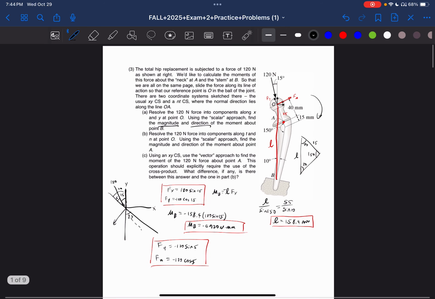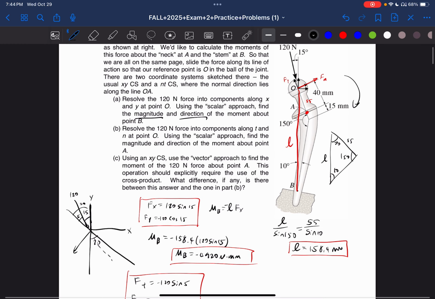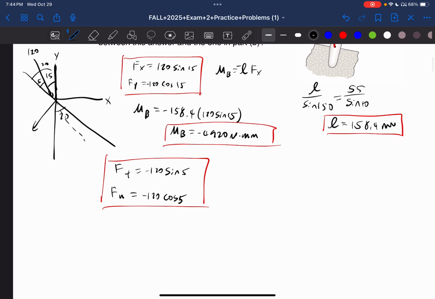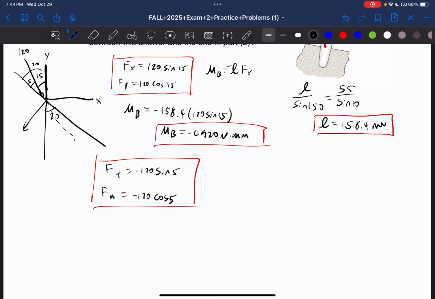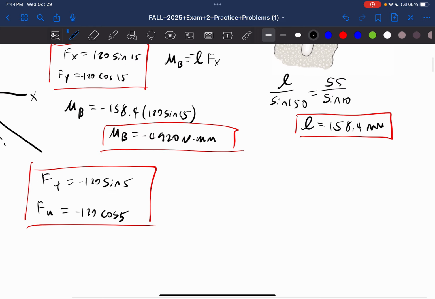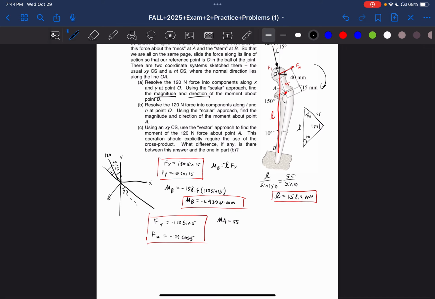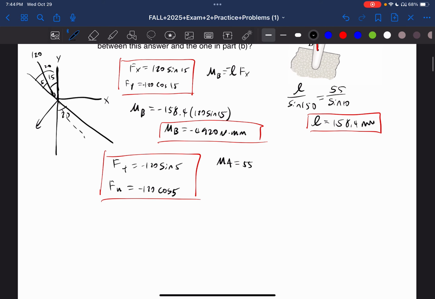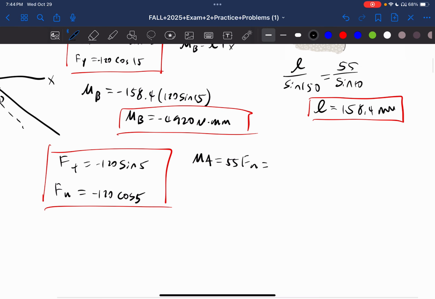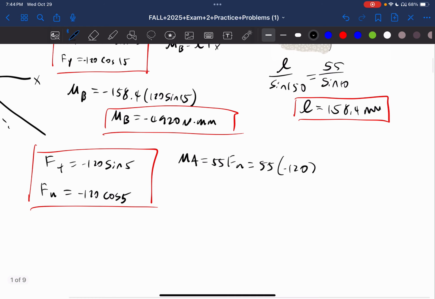Now it wants us to find the moment about A, and the moment about A is going to be equal to the moment arm, which is 55 we said earlier, times the force normal, which is equal to 55 times negative 120 cosine 5.